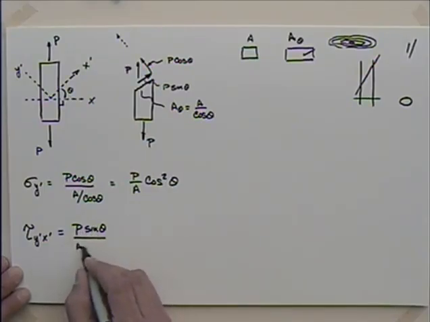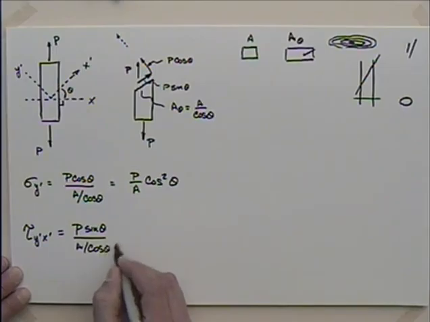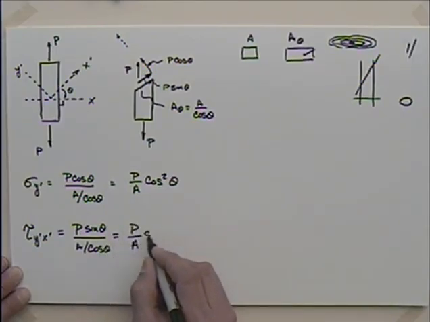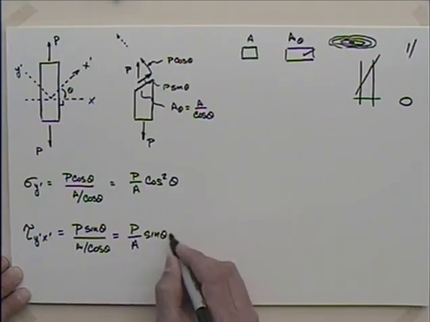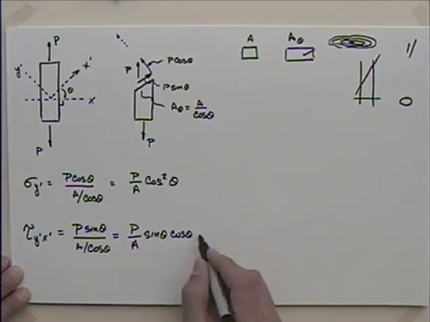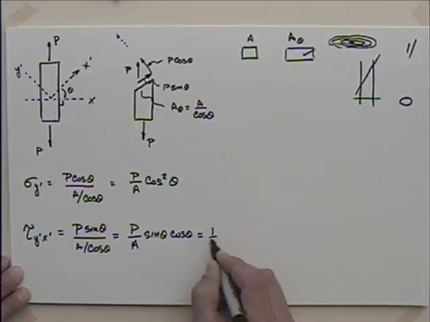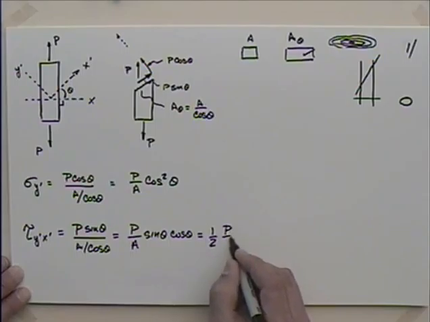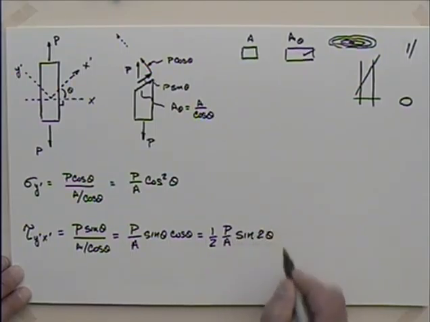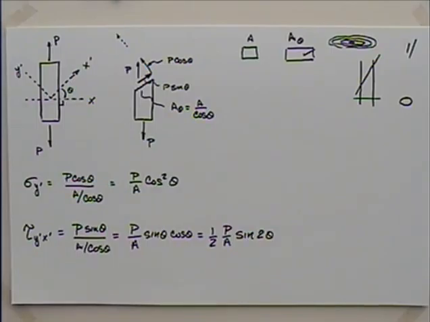So I'll divide by the area, A over cosine theta, and when I clean that up, I get P over A times sine theta times cosine theta. We could use a trig identity on that. There'd be nothing wrong with this, but we'd probably clean it up a little more and say that we have 1/2 times P over A times sine of 2 theta. Might be a little tidier to look at.